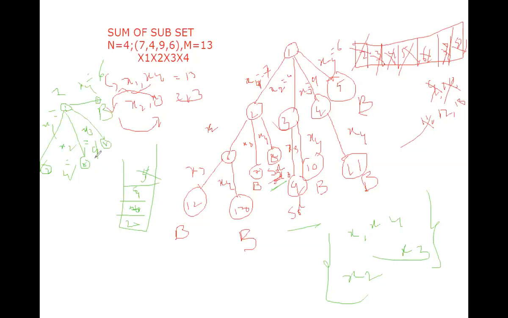So x3 is here, then after x3 there is one node, that is node number 6. That node name is x4. After 4 we move to the next node, which is 3.